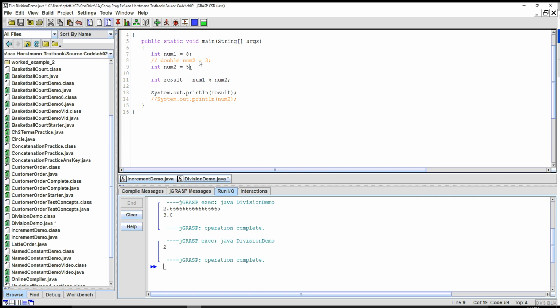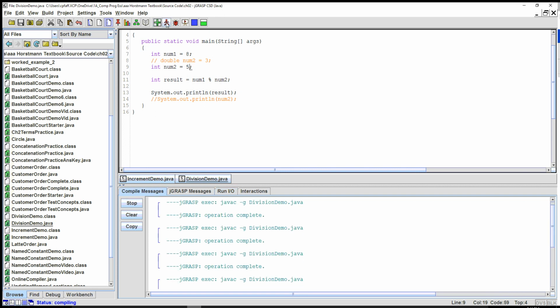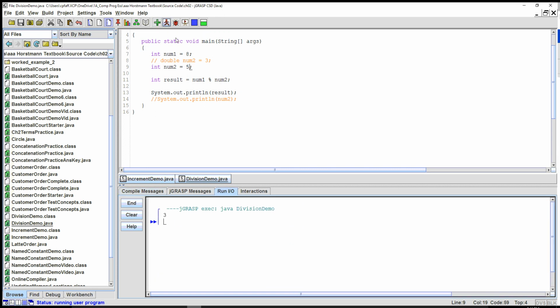This should be 1 remainder 3, so the answer should be 3. So we'll clear this. We'll compile it. We run it, and you see what it prints is the 3. It doesn't say anything about 5 going into 8 one time. All it cares about is that there's a remainder of 3. All right, so that's division and modulus in Java.